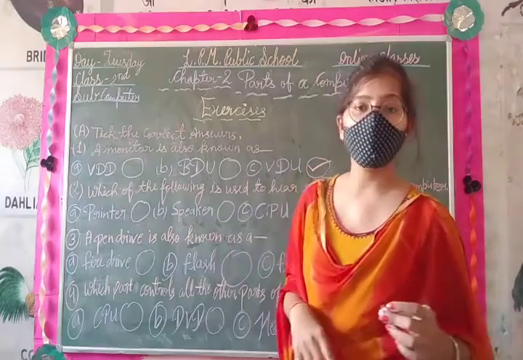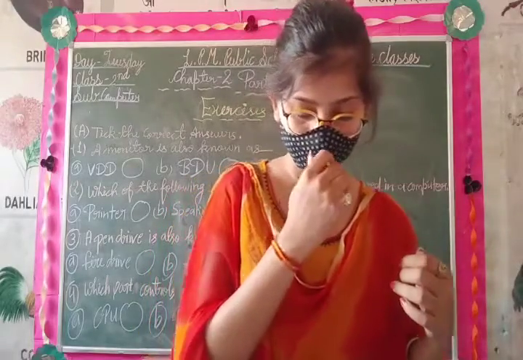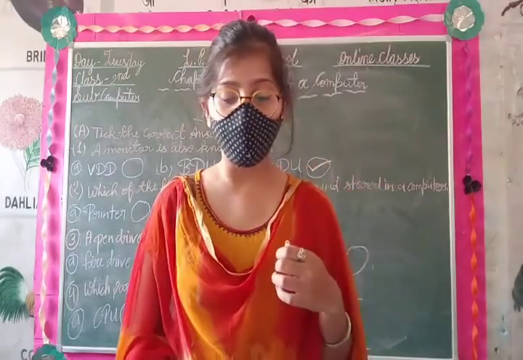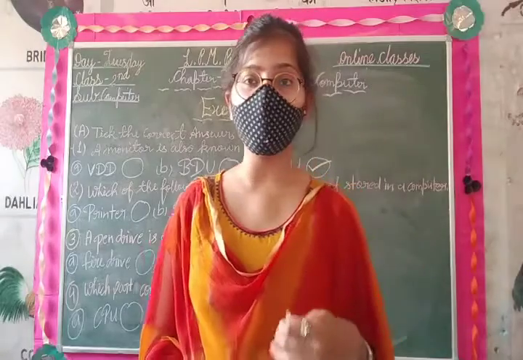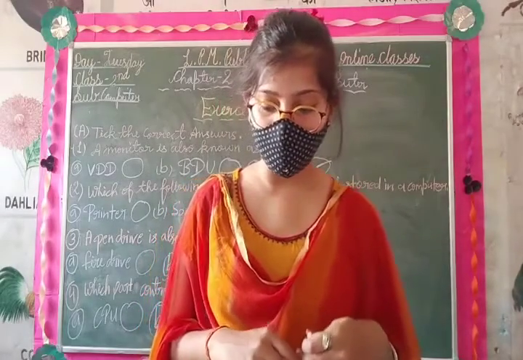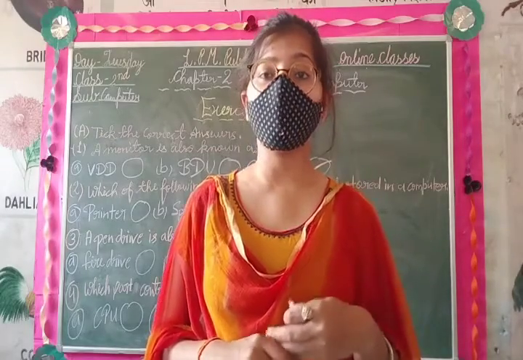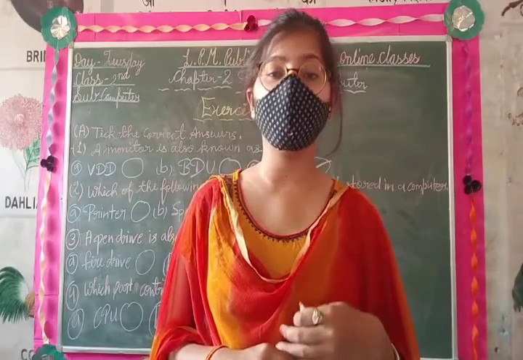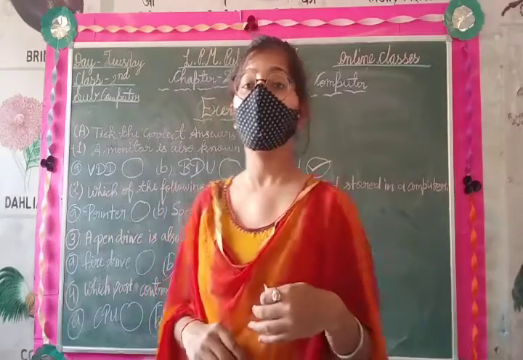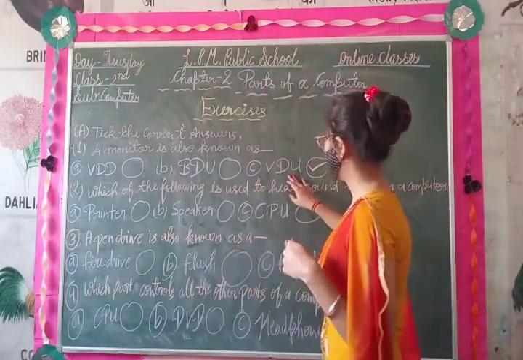In this chapter, we have to learn monitor. A monitor looks like a television. So it can display words, images, videos. A monitor is also called a VDU. It's a visual display unit.